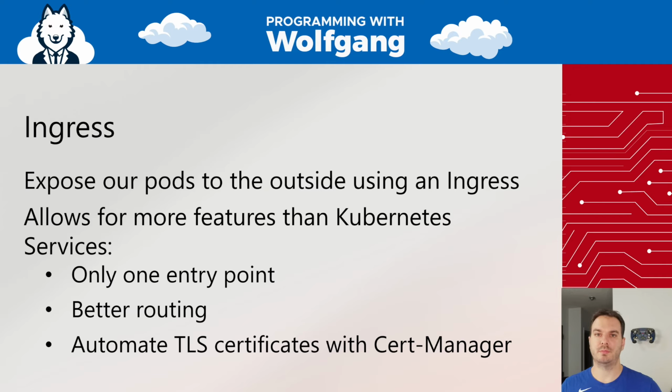So we don't have to think about renewing our certificates or installing them. Everything is done automatically. Since we're using TLS, we can also have TLS termination on our ingress. This means we have a TLS or HTTPS connection to our ingress controller, and from there we can have HTTP to our pods and applications.